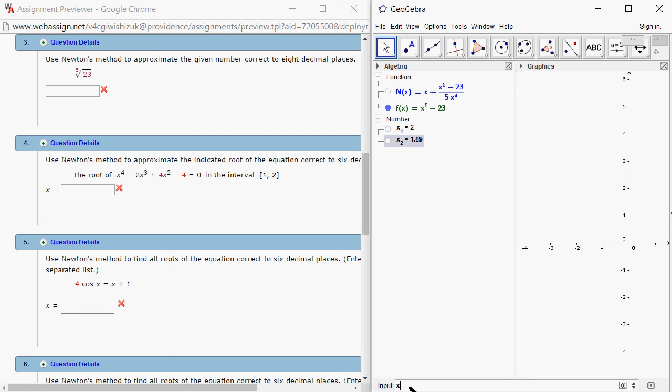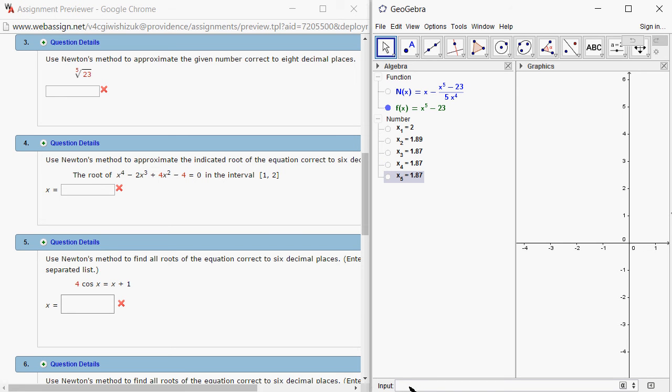Then x3 is equal to n of x2. And x4 is equal to n of x3. And x5 is equal to n of x4.